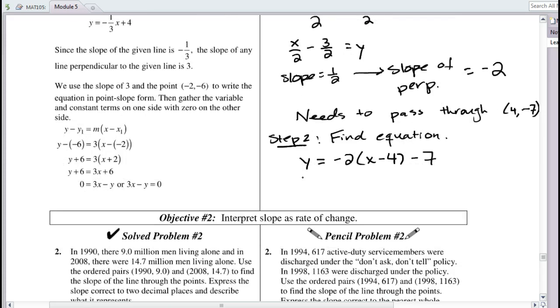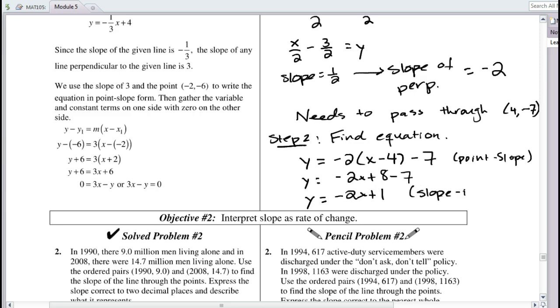If you're curious how we got that, just remember the formula to get these. So I'm just going to write point slope, and then over here we're going to put this in slope intercept by multiplying out the -2. So 8 and -7 can go together, so that makes -2x plus 1. And this is slope intercept.